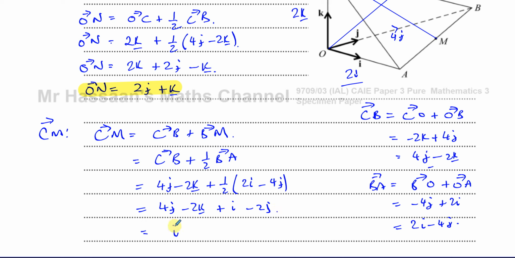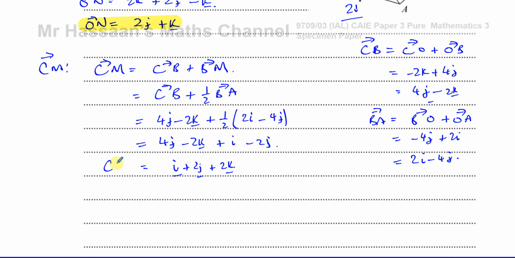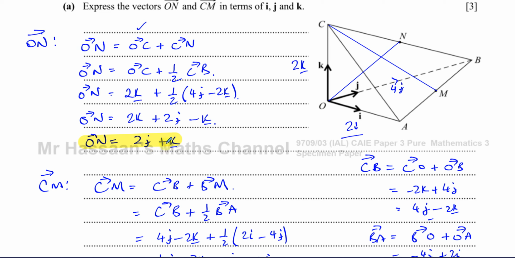So we end up with I, and we have plus 2J and minus 2K. All right, so there's C to M. I plus 2J minus 2K. Be careful, very easy to mess up here.